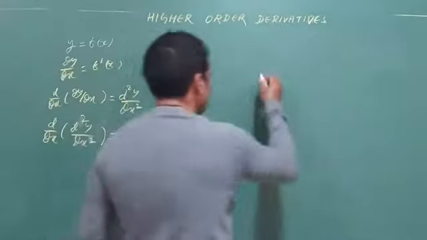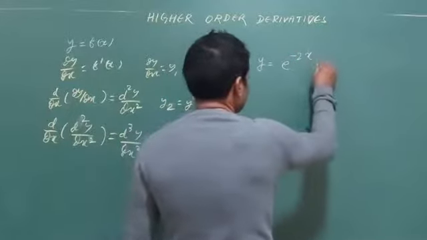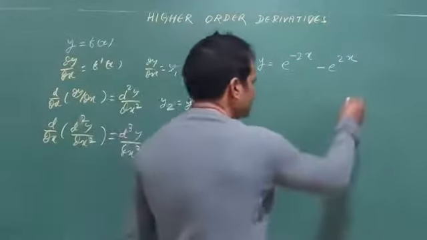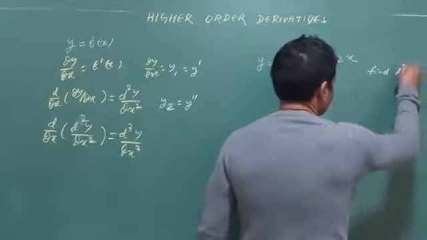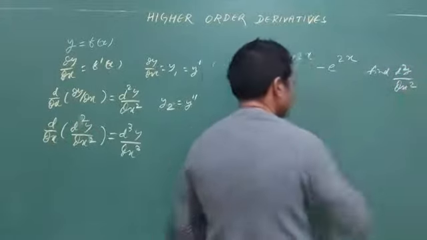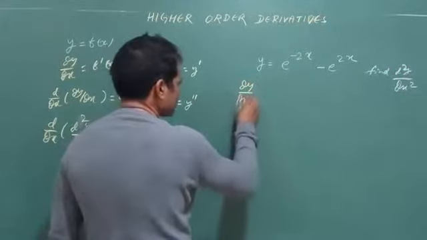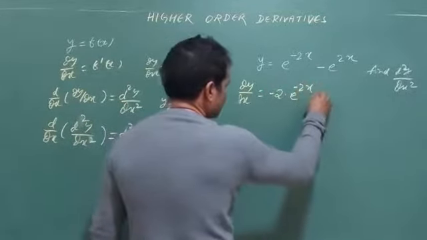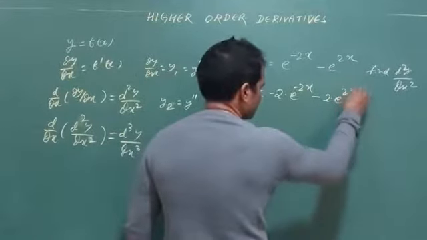Suppose, for example, I am writing y equals e to the power minus 2x minus e to the power 2x. Find d2y by dx2. So what I will do, first I will find dy by dx, the first order derivative: minus 2 into e to the power minus 2x, minus 2 into e to the power 2x.